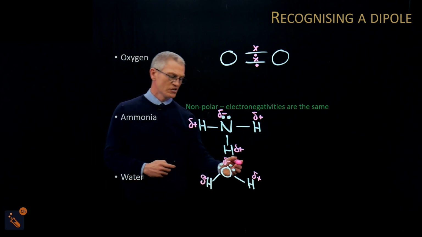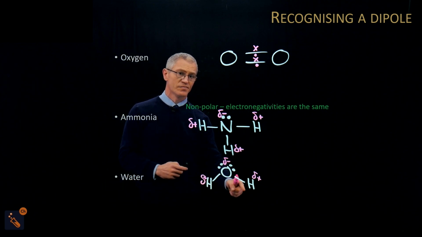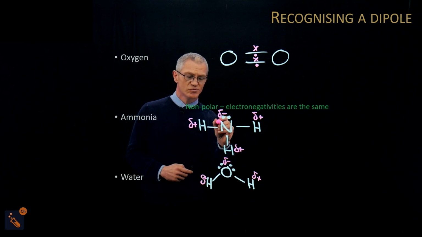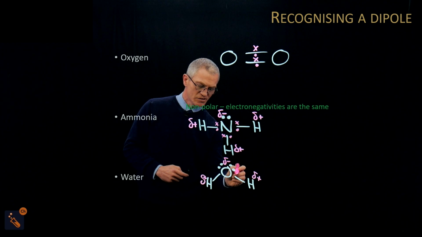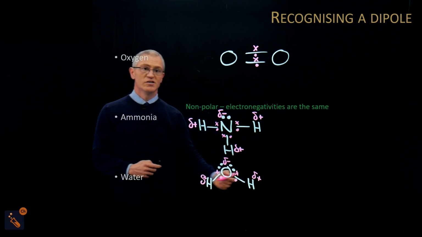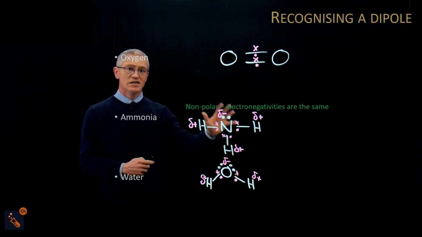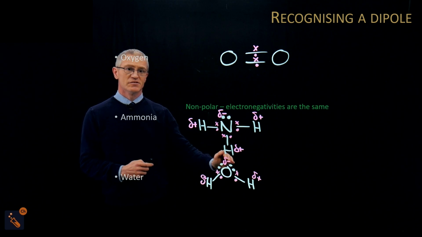So we have polarity here again. That means on both of these, the electrons will be that little bit closer to the oxygen, which is why you get a dipole.